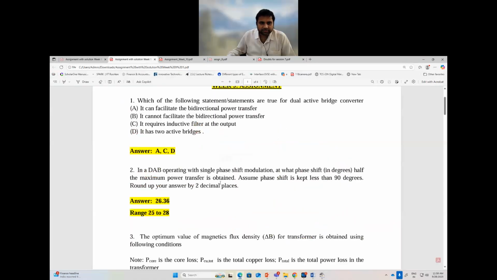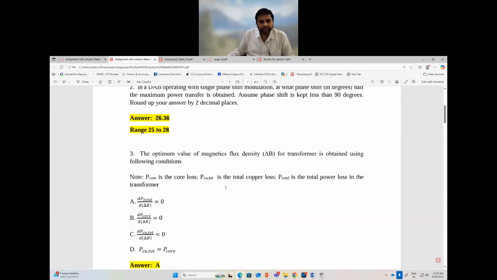Now comes the next question, where it is saying that the optimum value of magnetic flux density delta B for a transformer is obtained using the following conditions. The condition is simple: differentiate the P total, which is nothing but the summation of the P core and total winding copper losses, and make it equal to 0.